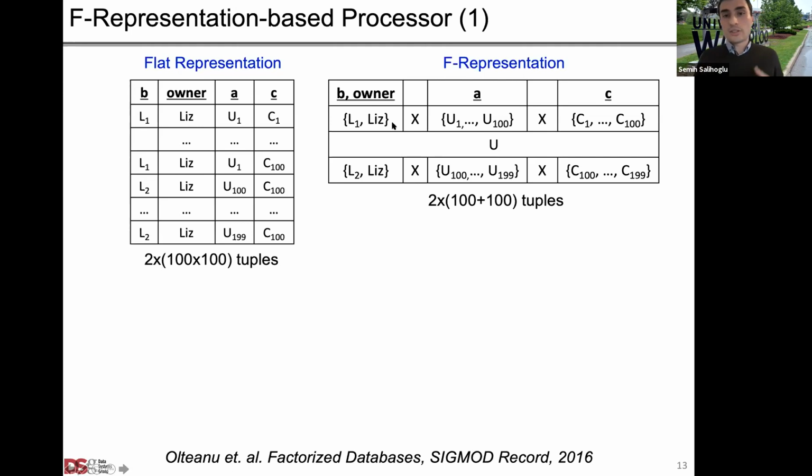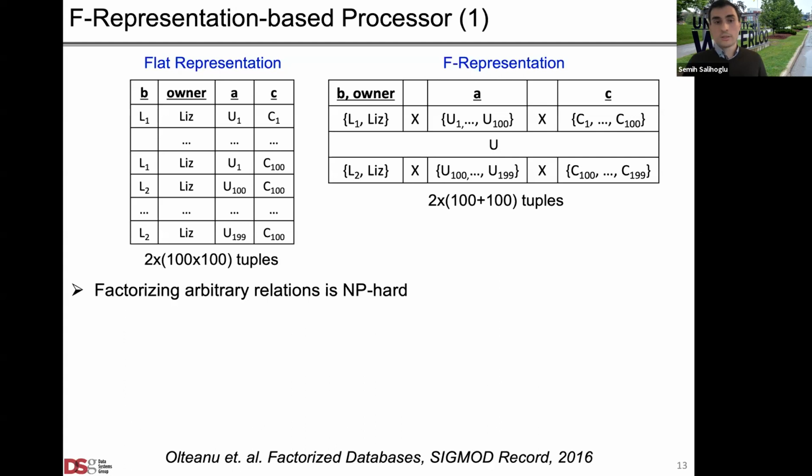For the first 10,000 tuples, it would be L1 Liz for the attributes B and owner, Cartesian product with the 100 incoming neighbors of L1, Cartesian product with the 100 outgoing neighbors of L1. Unioned with, similarly, L2 Liz, Cartesian product with 100 neighbors of L2 and 100 outgoing neighbors of L2, right? It's a much more succinct way to represent the same relation in a different representation system, avoiding the value repetition problem that I talked about, okay?